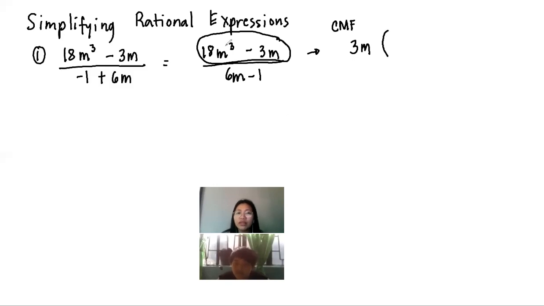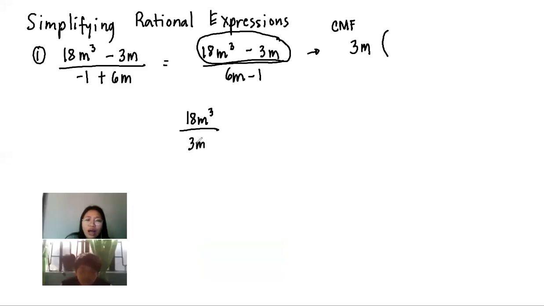Next one, 18m cube and 3m. Okay, balikan natin. Si 18m cube and si 3m. Okay? Again, paano yung process natin kanina? Si 18 at saka si 3. 18 divided by 3.